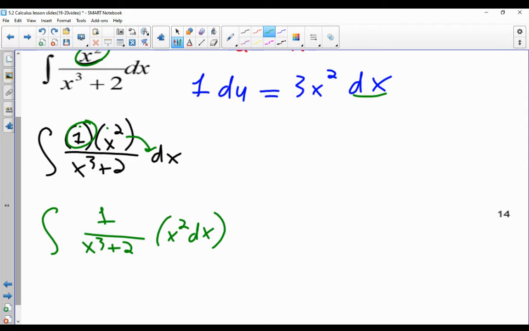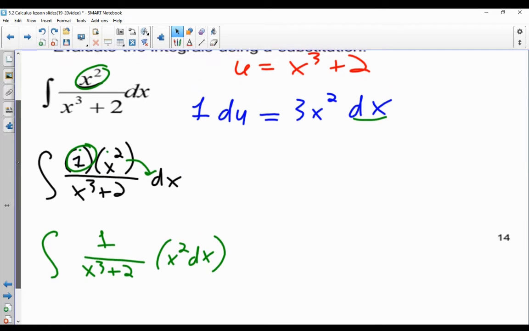And you are allowed to do that. You are allowed to take the x squared and multiply it with the dx. Because technically, as long as it doesn't go on bottom with the x cubed plus 2, it is technically correct. The more you know. And the reason why I do that is because it'll make our lives much easier.